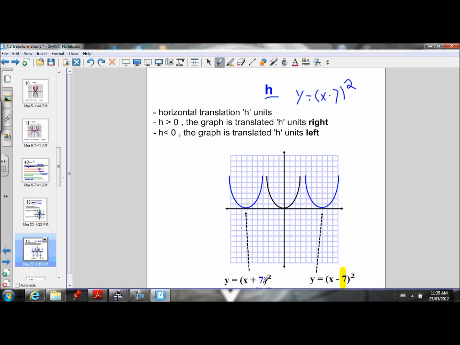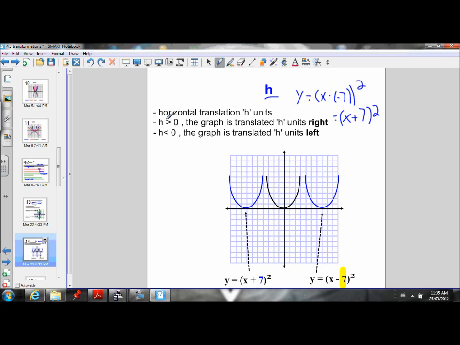We know this is a negative h value because if we plug in negative 7 for h, that is equal to x plus 7 squared. So the h value is negative 7 for this function, and it appears as x plus 7 squared, because when we subtract a negative, it changes to a positive.